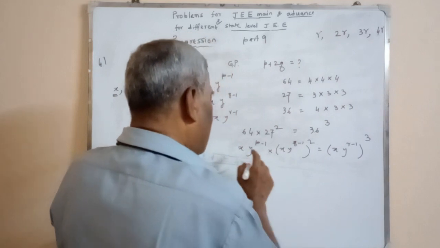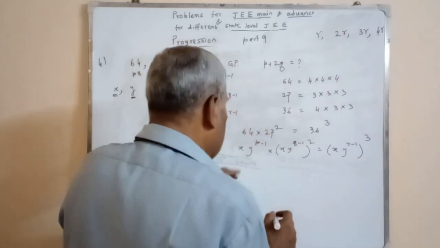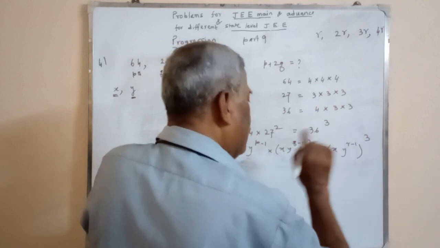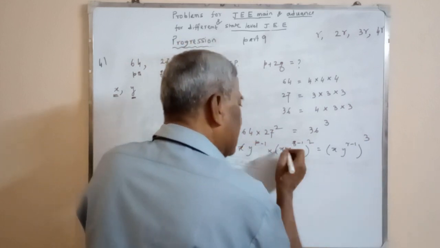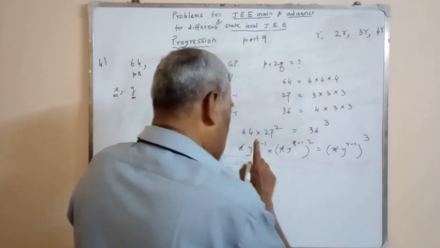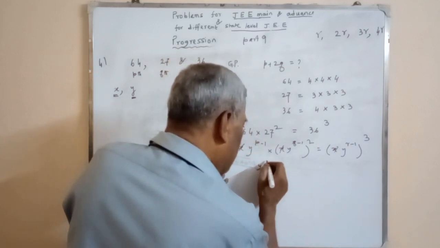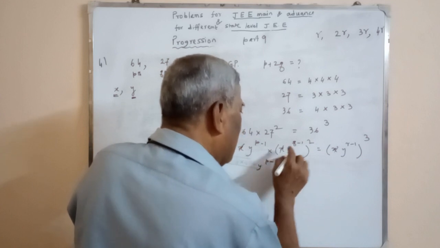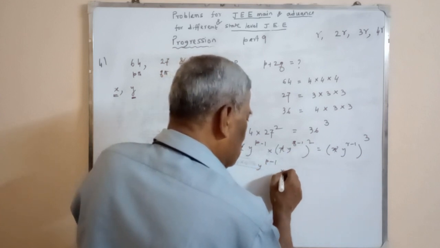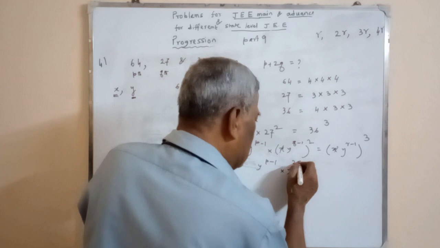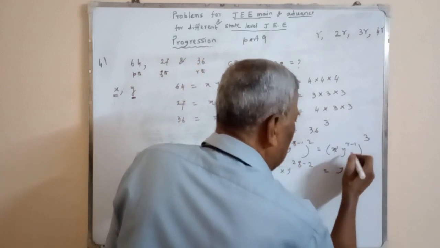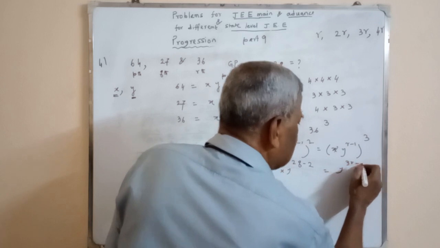So it is x into x square, that is x cube; here also it is x cube, so x cancels. Y to the power p minus 1 and here into y to the power 2q minus 2 is equal to y to the power 3r minus 3.